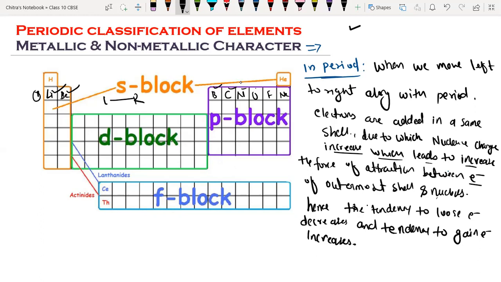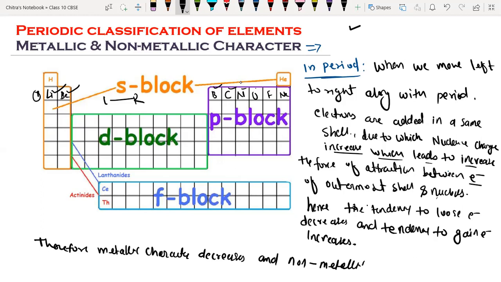Therefore, metallic character decreases and non-metallic character increases along periods.